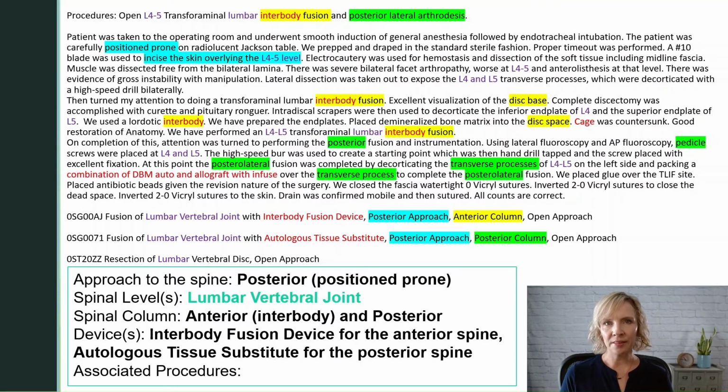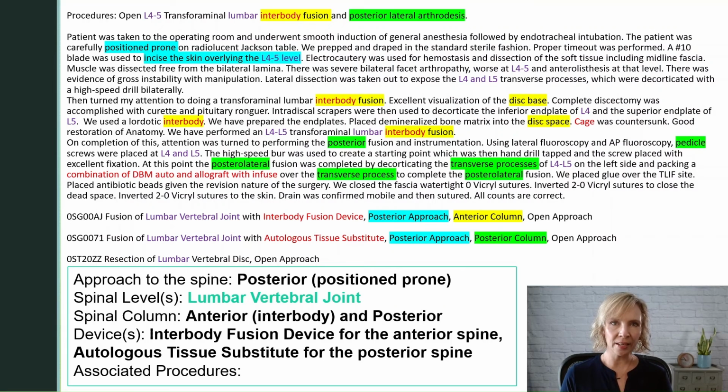Now to determine the spinal level fused. I indicated the applicable documentation with purple font. The op report indicates a lumbar fusion of L4 through L5. It's important to understand that a level consists of two vertebrae and the inner space that contains the disc. In the ICD-10-PCS coding system, a vertebral joint is defined as two adjacent vertebrae separated by an inner space.